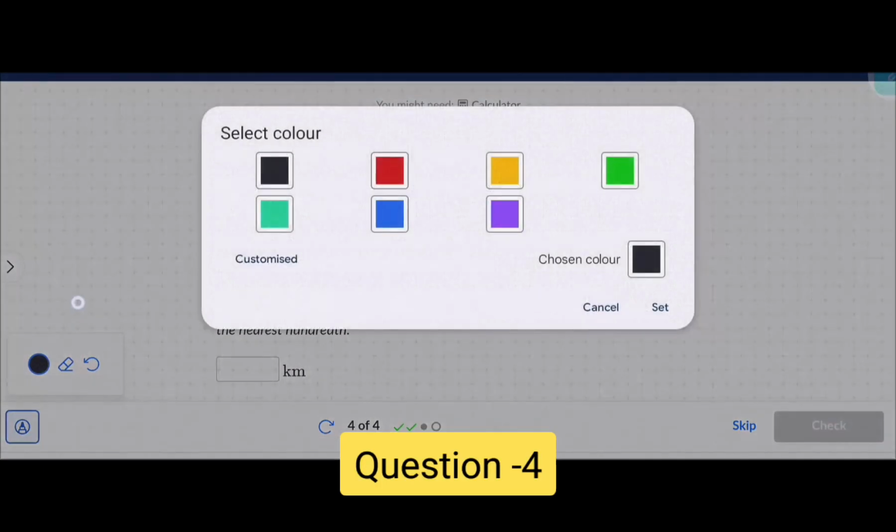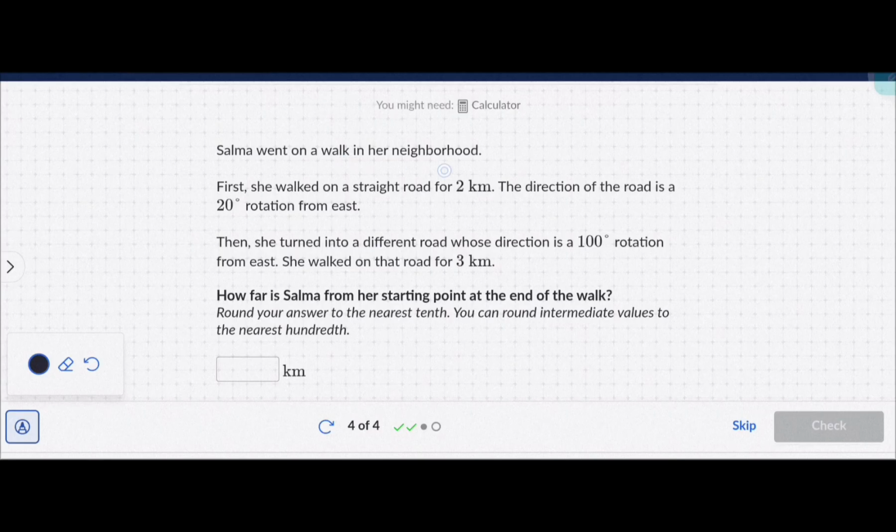Last problem. Salma went on a walk in her neighborhood. First she walked straight 2 kilometers. The direction of that road is 20 degrees from east. So this is east, the I cap, and this is north, south, west, which you can call minus I cap.